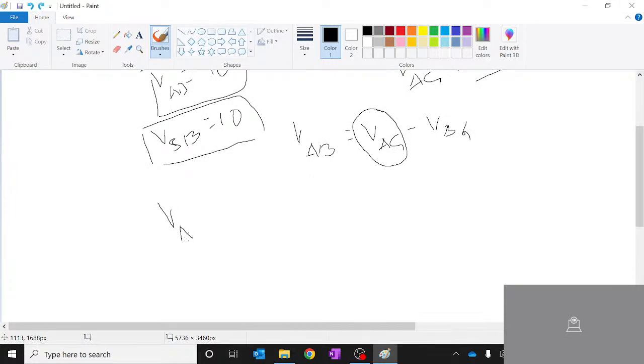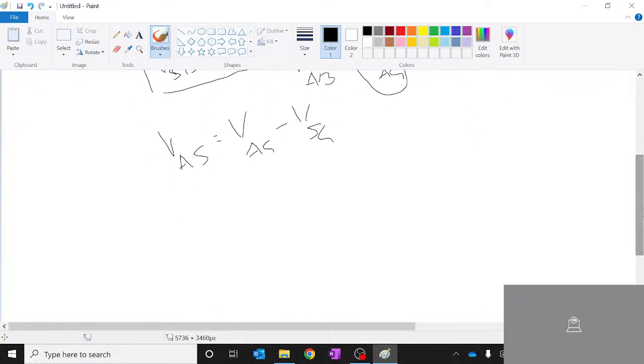Velocity of A with respect to S is velocity of A with respect to ground minus velocity of S with respect to ground. What is velocity of A with respect to S, or this bus? It is 2. Therefore, 2 comes here. Velocity of A with respect to G is what you are supposed to find out, minus velocity of S with respect to ground, which is 10.